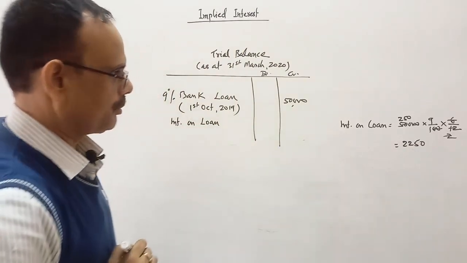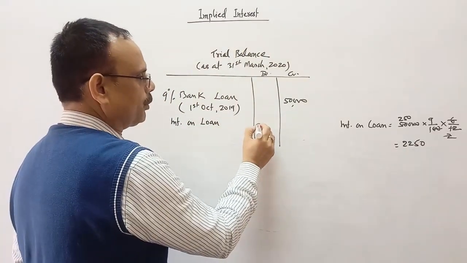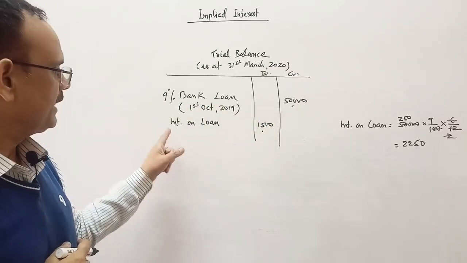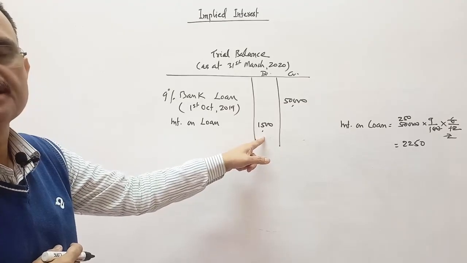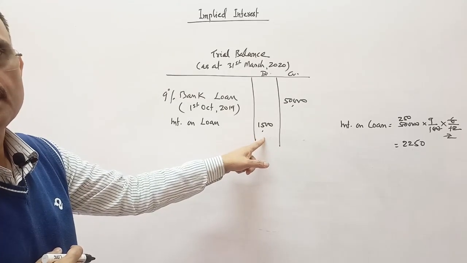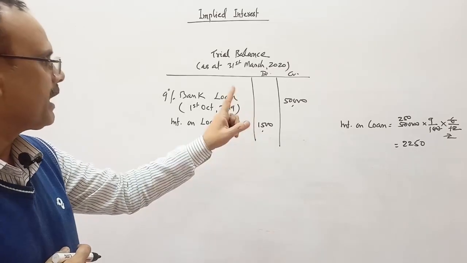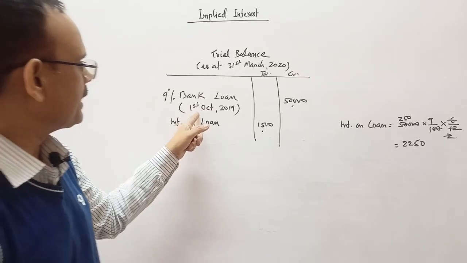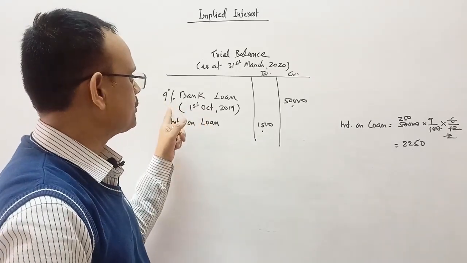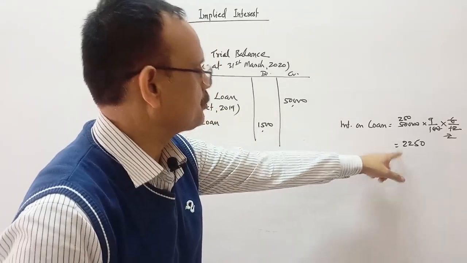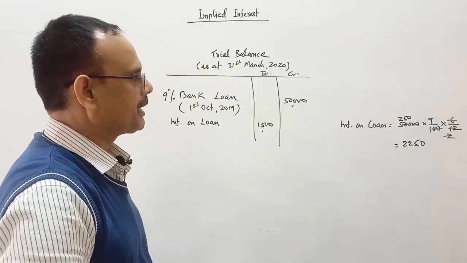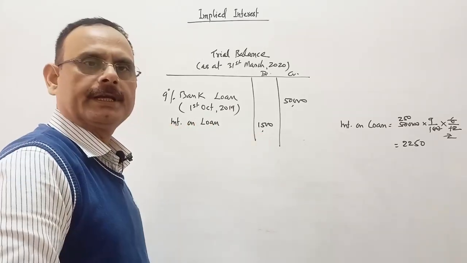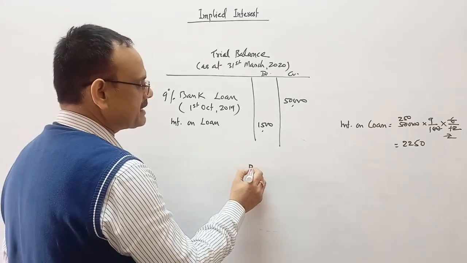This is the interest amount. But suppose here only 1500 interest is given in the trial balance regarding interest on loan. As per the calculation, it should be 2250, but in the trial balance only 1500 is given, it means the rest is outstanding.